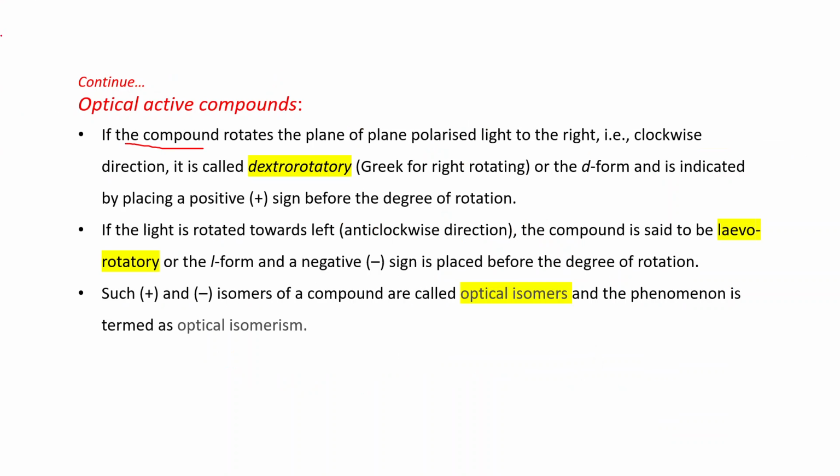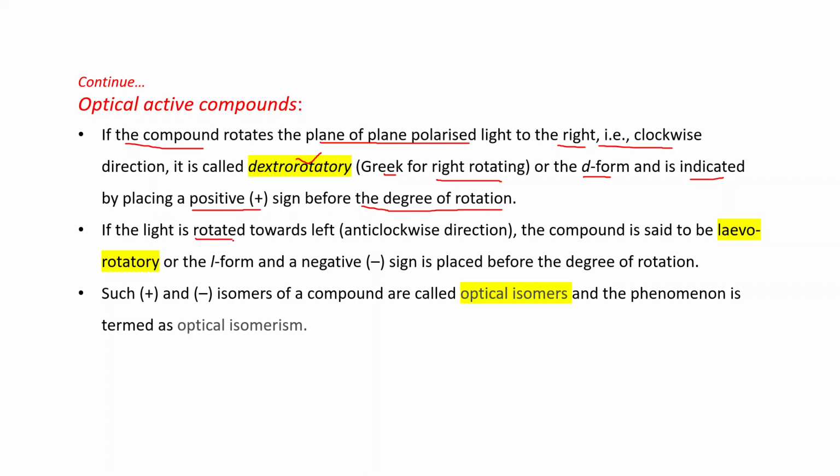If the compound rotates the plane polarized light to the right hand side, that is clockwise direction, it is called dextro-rotatory, Greek for right rotating. This is also known as the D form and is indicated by placing a positive sign before the degree of rotation.